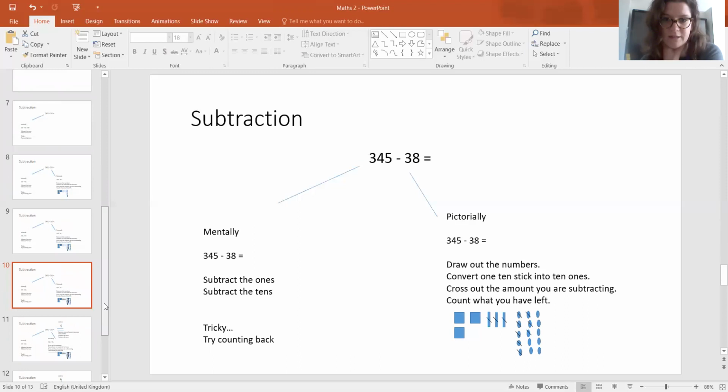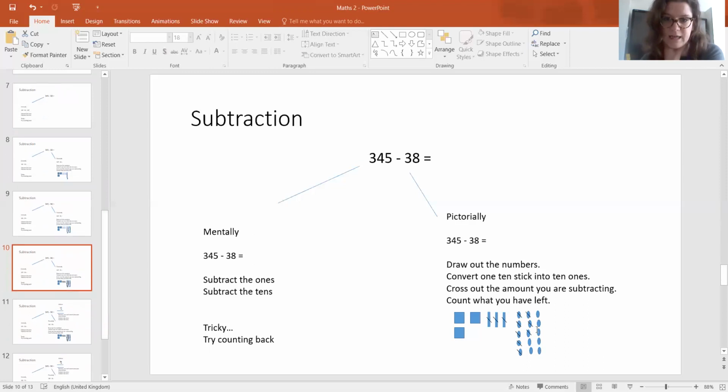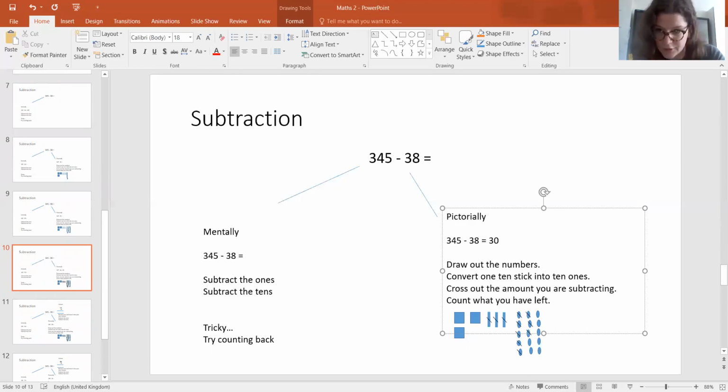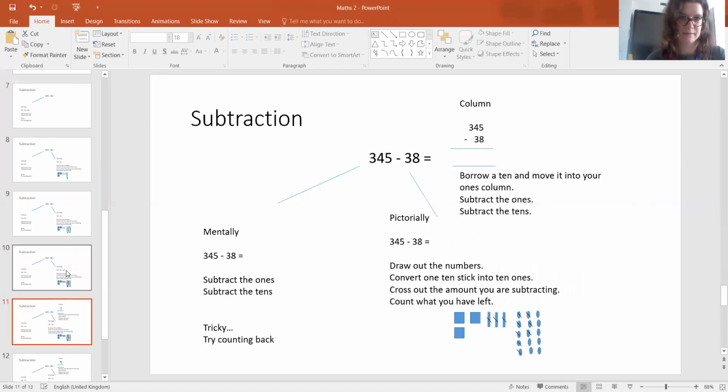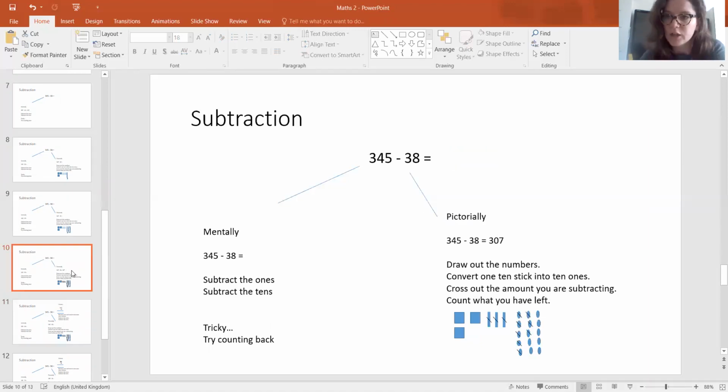I've crossed out 38, 3 10s and 8 ones, and now I can count what I have left. So I've got 3 hundreds left, I've got no 10s left, and I've got 1, 2, 3, 4, 5, 6, 7 ones left. Is that the same answer I got when I did it mentally? Yes, it is.